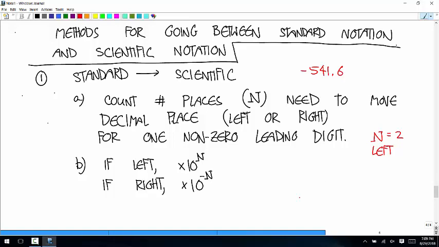So in this example, we have negative 5.416 times 10, and since we moved to the left, it's positive 2. Any questions about that?